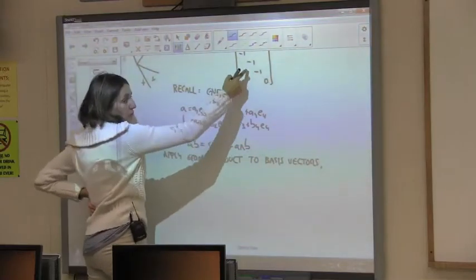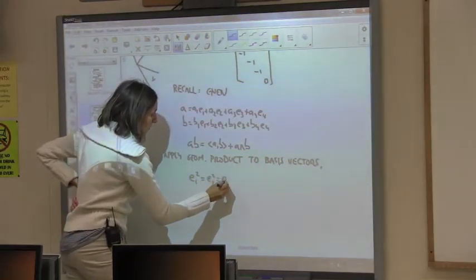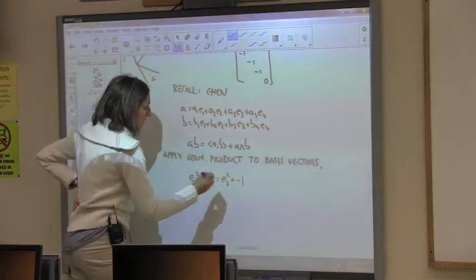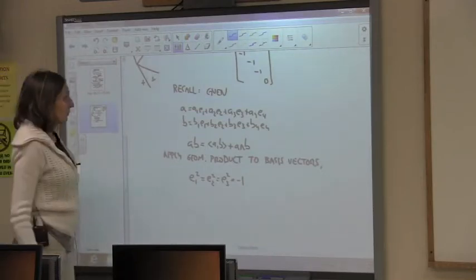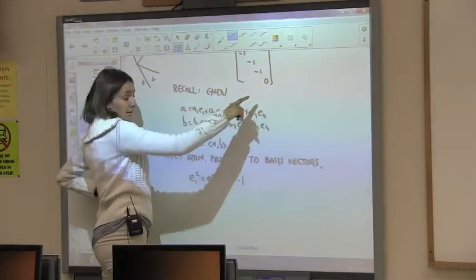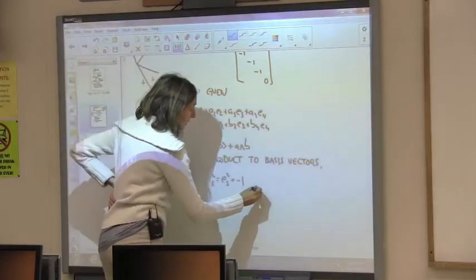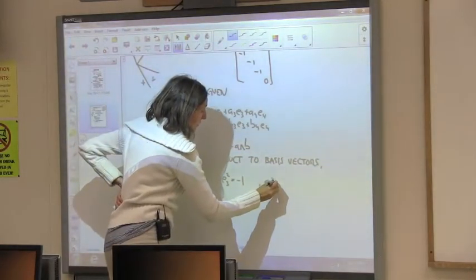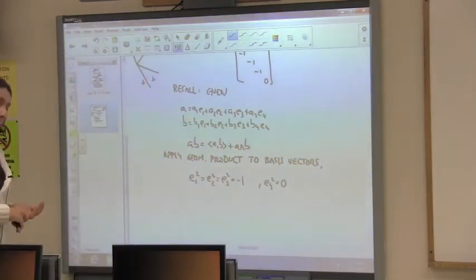The same for E2, for E3, right? E1 square, E2 square, E3 square equal minus 1. And then when we do E4 times E4, the scalar product gives 0, the outer product gives 0, so E4 square equals 0. So 3 basis vectors square to minus 1, one of them squares to 0.